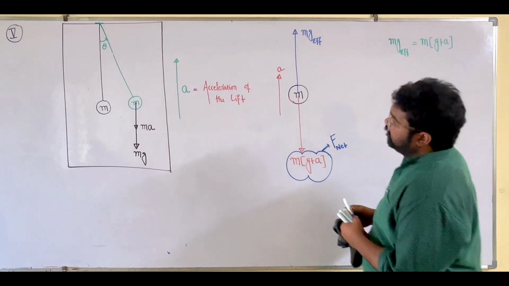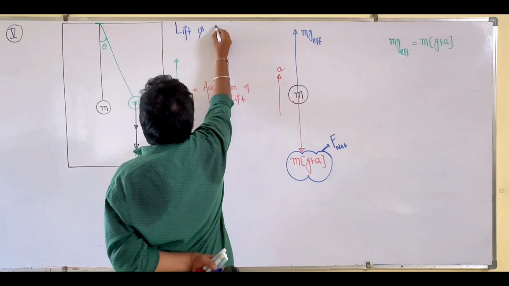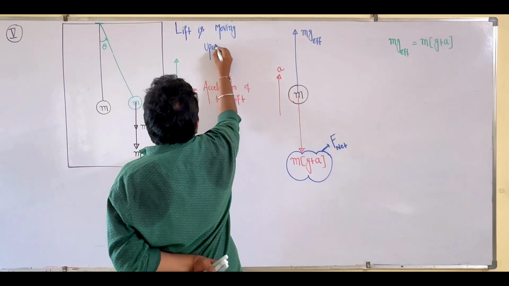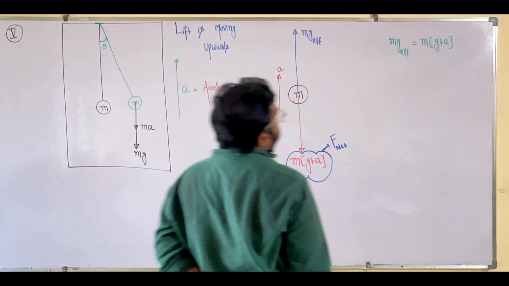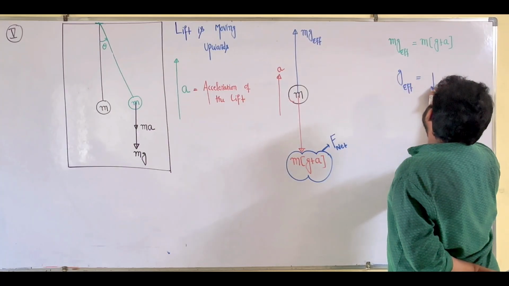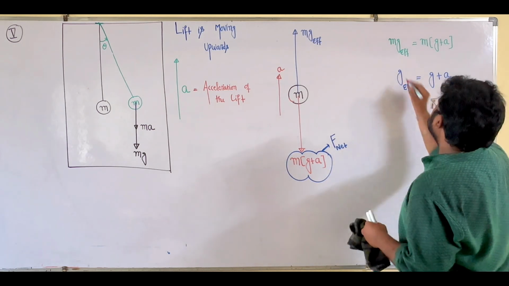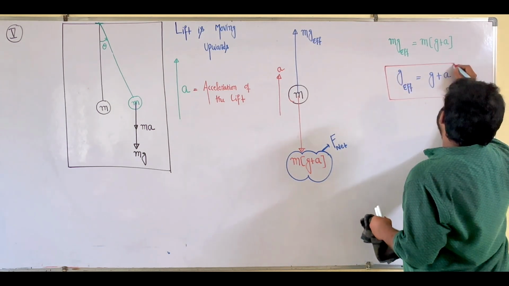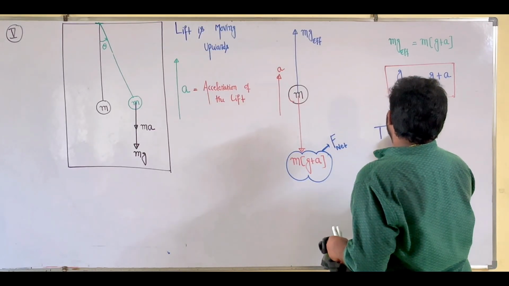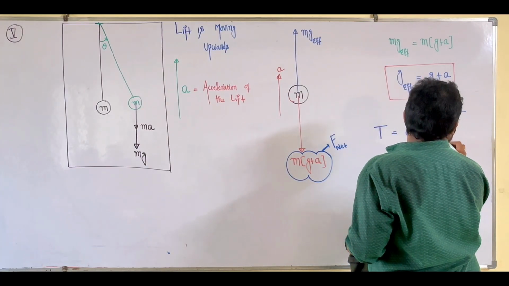When the lift is moving upwards, G effective equals G plus A. What is the time period of oscillation of a simple pendulum? 2 pi square root of L by G plus A, with G effective.